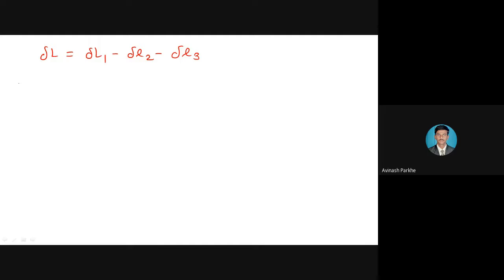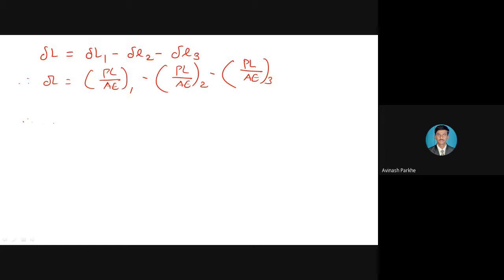Then total deformation is equal to PL upon AE of section 1 minus PL upon AE of section 2 minus PL upon AE of section 3. So if you are having calculator, please start your calculations, and if you get the answer, please represent your answer in the chat box.